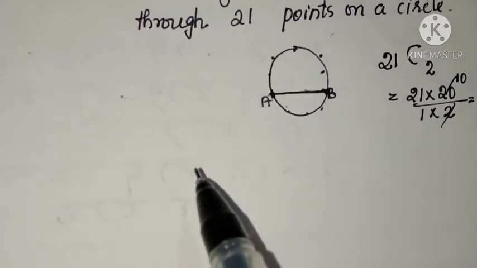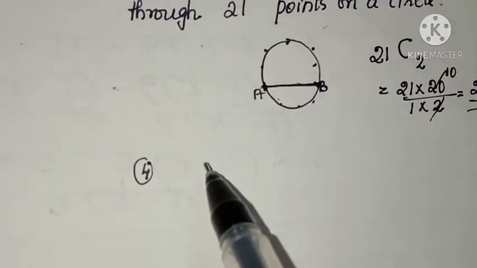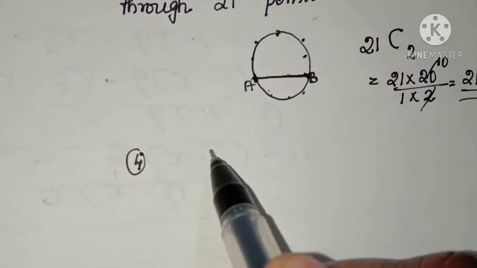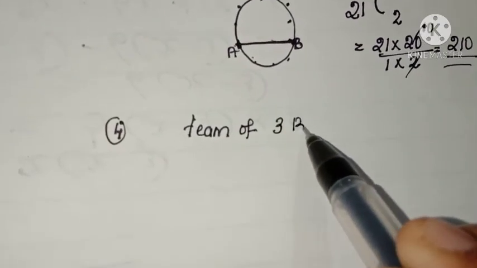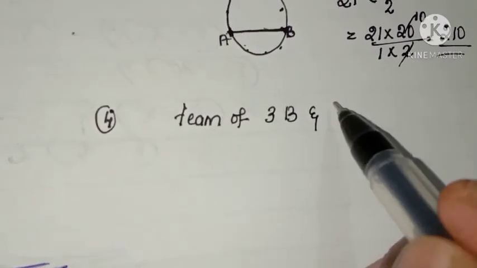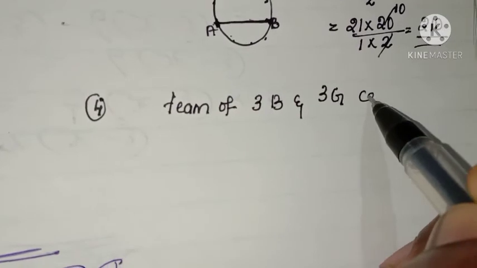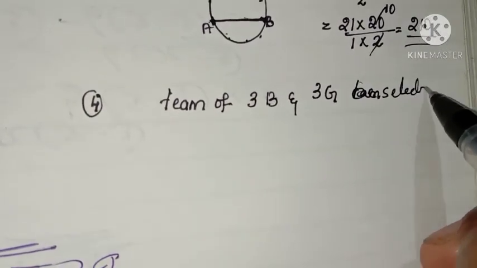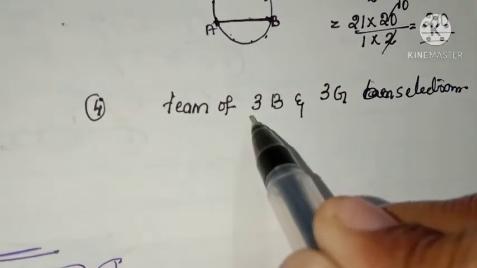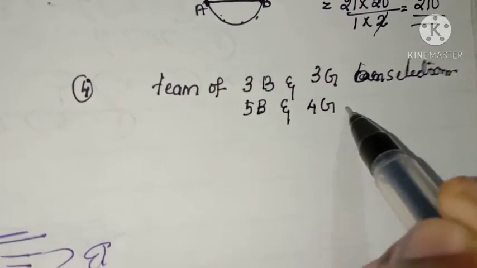It's clear. Now question number 4. In how many ways can a team of 3 boys and 3 girls be selected from 5 boys and 4 girls?